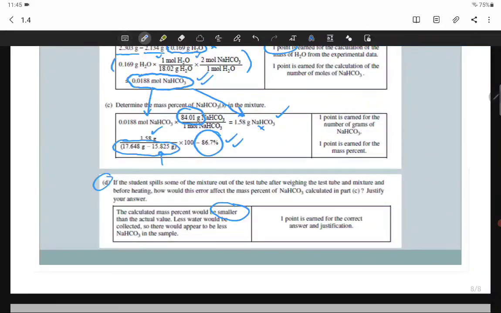And if you would have made this a smaller number, when you subtracted it from 17.648, you would have gotten a bigger number at the bottom of that fraction. So you might have gotten something like 1.58 divided by, well, I don't know. Who knows how much you would have been spilling, but you would have gotten a number that would have been bigger down here, which would then have made this percent go down.